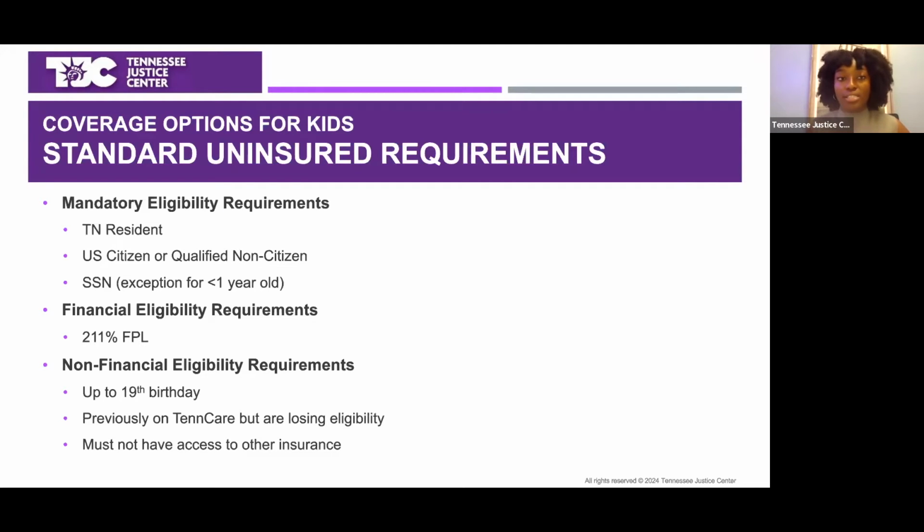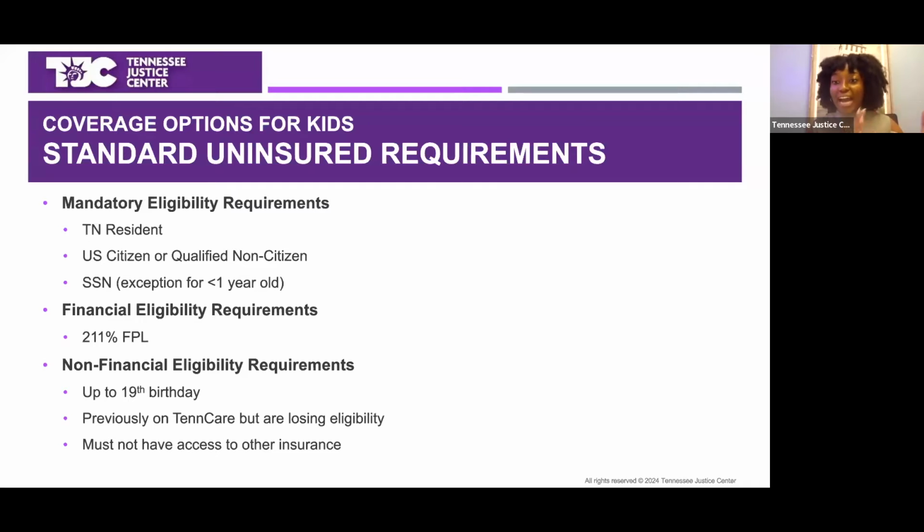Regardless of what the circumstances may be, the child previously had TennCare MAGI and now they're losing it. If this child is below 211% of poverty, again, there's that 5% disregard, so it's really 216, and they do not have access to insurance, TennCare will transition them onto what's called TennCare Standard uninsured.